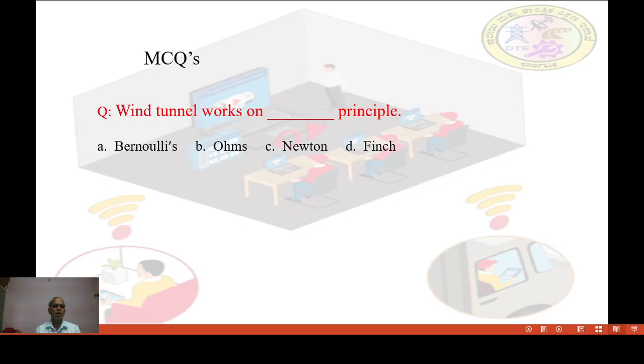The choices are A, Bernoulli's, B, Ohm's, C, Newton, D, Pinch. The correct answer for this question is Bernoulli's.